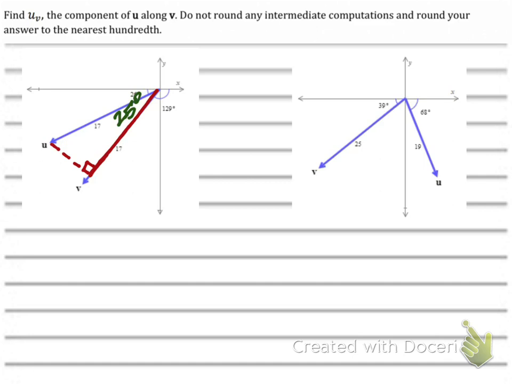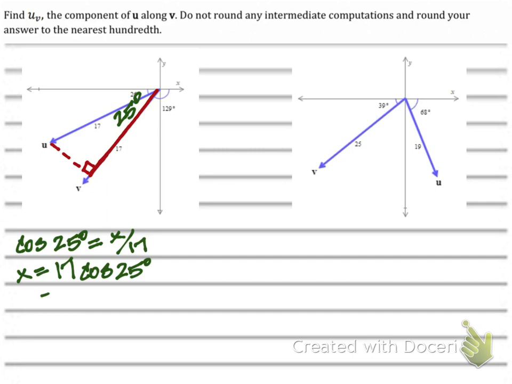So again, thinking about this as a right triangle, the cosine of 25 is x over 17, right? And the formula was the magnitude of u, which is 17, times the cosine of theta.